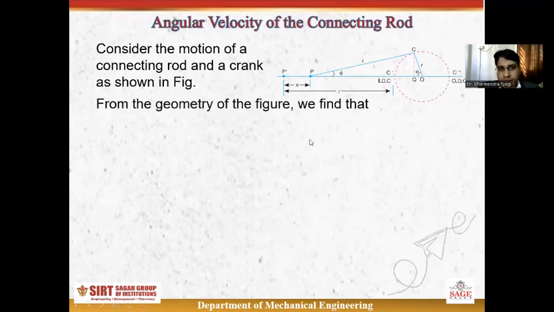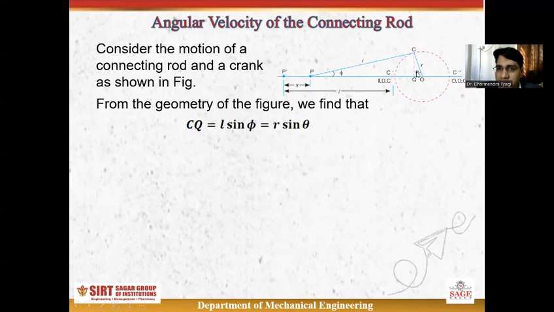Now, from the geometry of the figure, we find that the value of CQ equals L sine phi. L is the hypotenuse and CQ is the perpendicular, and the perpendicular equals hypotenuse into sine phi.